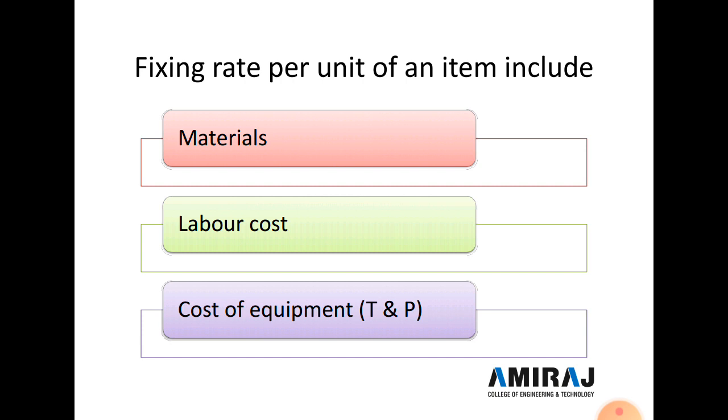The quantities of the different materials required for a particular item are worked out, like in RCC work. The material required for 1 meter cube of RCC work, like cement, sand, aggregate and steel, each and every item is calculated for 1 meter cube of work. These quantities of material are multiplied by the current market rate, like in 1 meter cube, cement required is 2 bags or 3 bags, so the number of bags is multiplied by the current rate.